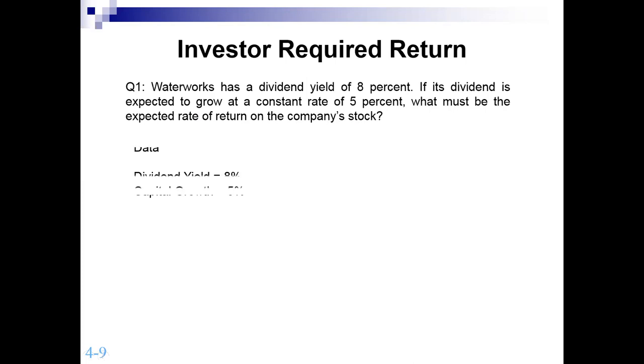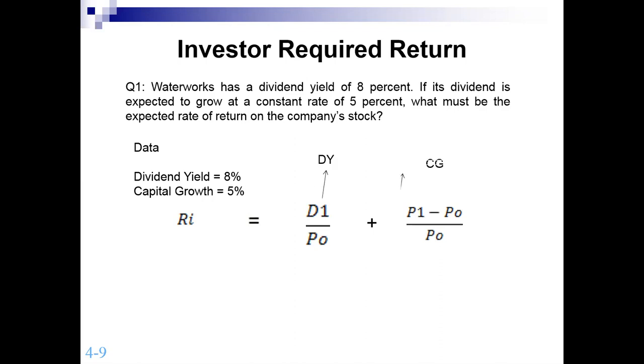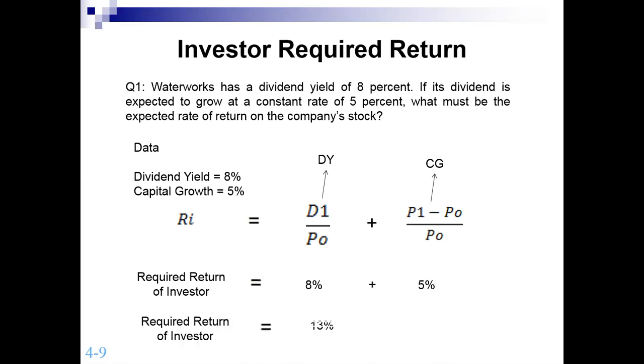So the working will be like this. Dividend yield is 8%, capital growth is 5%, and if we apply this formula, dividend yield plus capital gain, the actual return will come, and that is 13%.